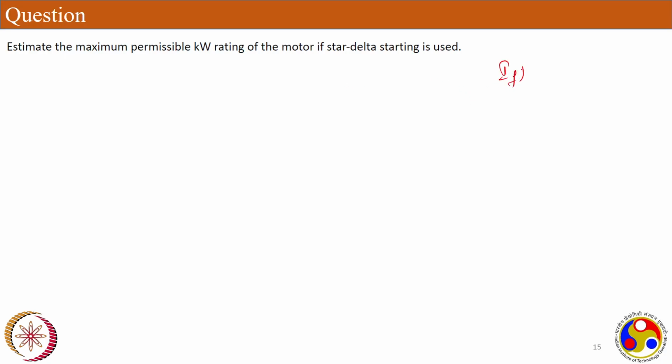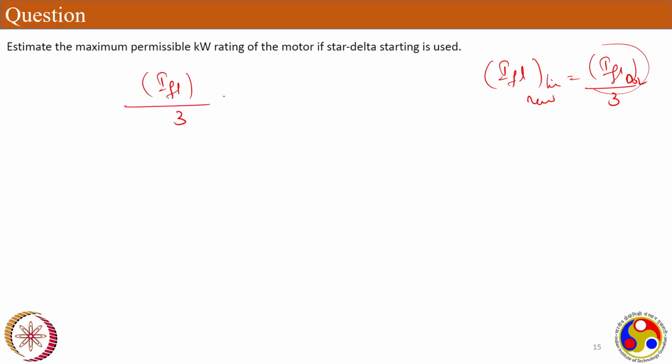So your IFL new would be IFL divided by 3. This is the IFL in the DOL, which is there is no starting method. Now if we go for it, IFL by 3 is equal to the starting current limit by 4.